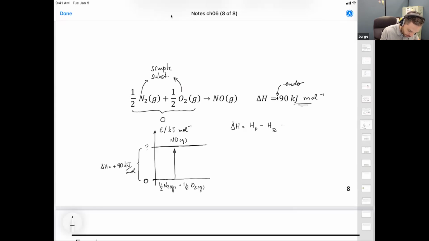The enthalpy of the products we don't know, and I'm going to call it the enthalpy of formation for nitrogen monoxide in the gas state. And we know that the enthalpy of the reagents is 0 because they are all simple substances.